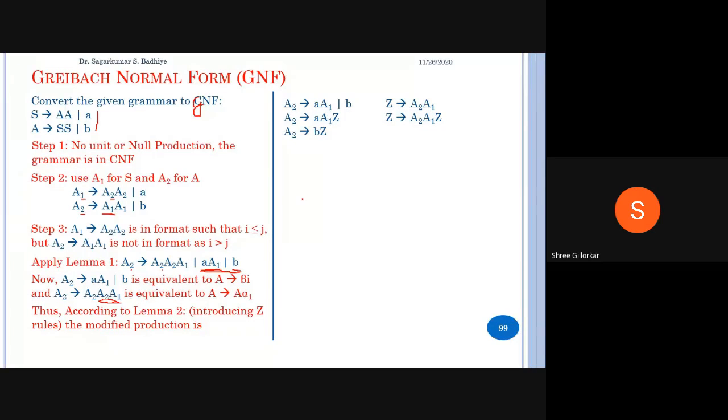The last step is not understood: Z derives to A2, A1 and Z derives to A2, A1, Z. Have you understood lemma 2? Yes, beta 1 understood, but alpha 1 not. See, I have explained that derivation.